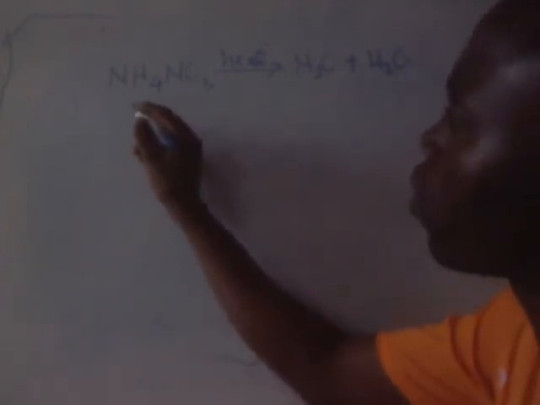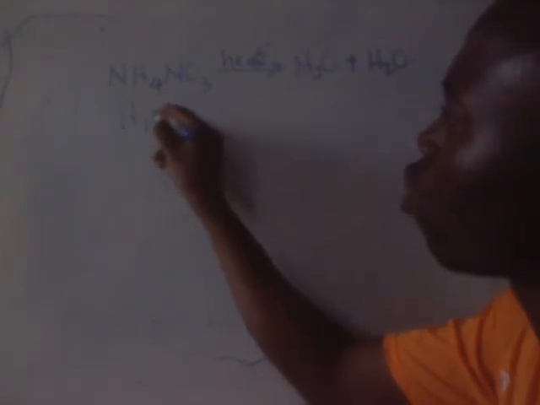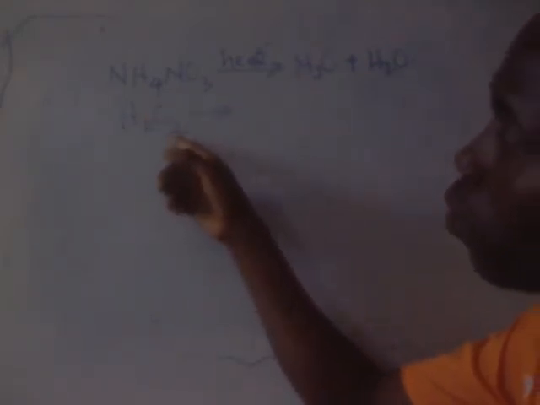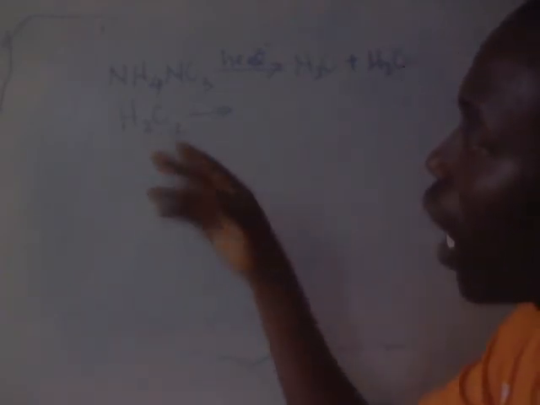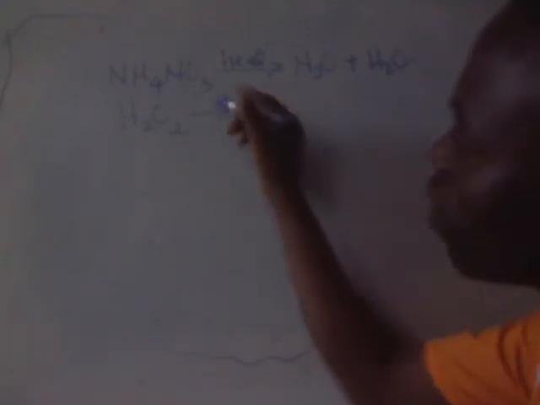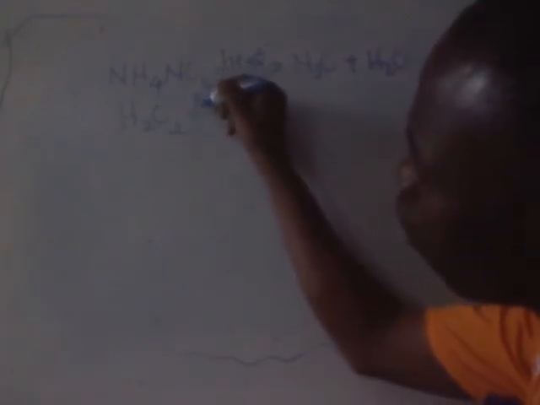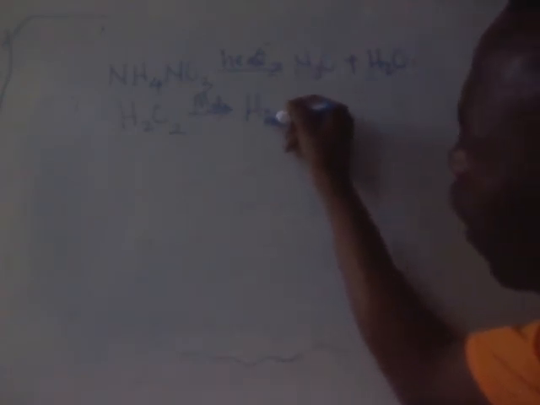Okay, let's look at option B, hydrogen peroxide. Hydrogen peroxide is H2O2. In fact, in the laboratory, this is one of the ways of preparing oxygen. Hydrogen peroxide decomposes under the action of manganese 4 oxide as a catalyst to give water and what?